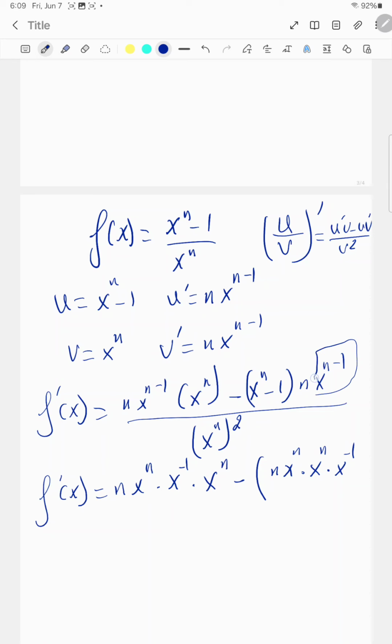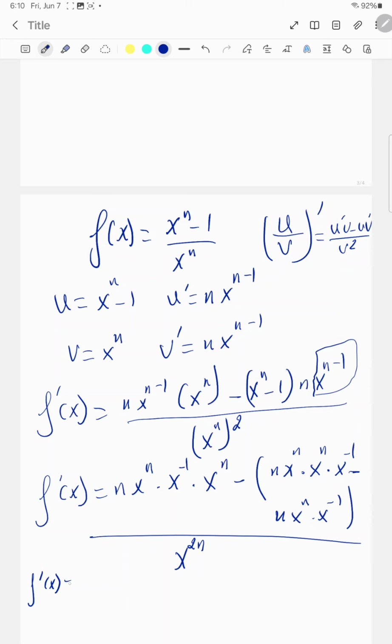Because this I can write as x to the power n times x to the power minus 1, and I multiplied n x to the power n by x to the power minus 1 by x to the power of n, which is here. And then minus times plus is minus n x to the power n times x to the power minus 1, and all that divided by x to the power 2n.